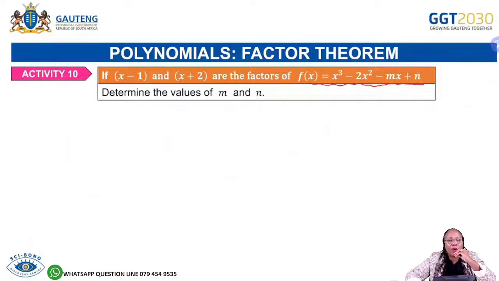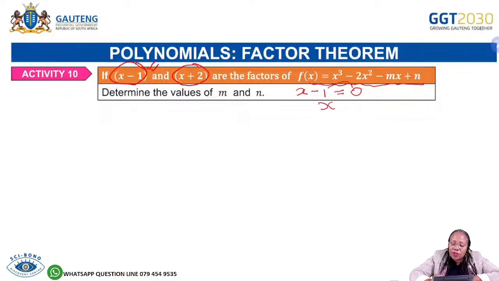Then let's see how we are going to derive these 2 equations that you will be solving simultaneously. We are given the first factor and the second factor. The first one will be x minus 1 equal to 0, and if we take minus 1 to this side, it will be positive 1.